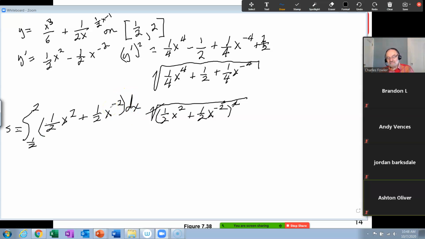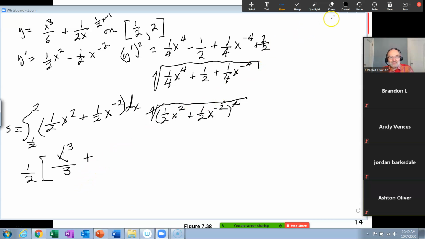Okay, now I have a real tendency to want to take that 1/2 outside, so I'm going to do that. Now we're just going to be integrating x squared, which is x cubed over 3, plus, we already took the 1/2 outside, so the antiderivative of that would be, increase that by 1, and that makes it a -1, divide by that -1, so that changes this plus back to a minus.